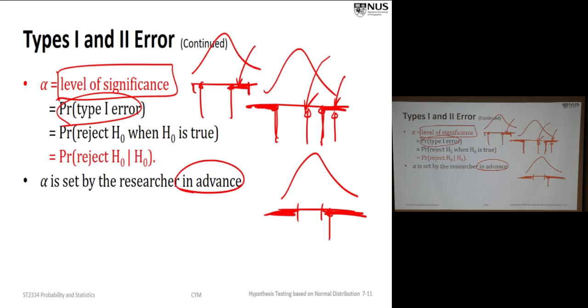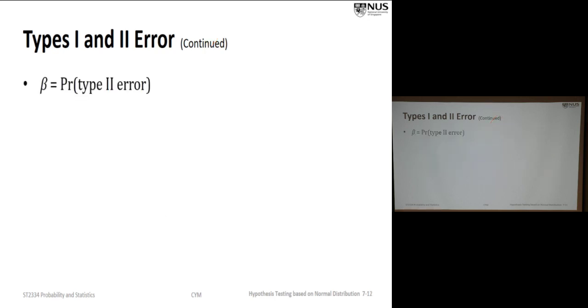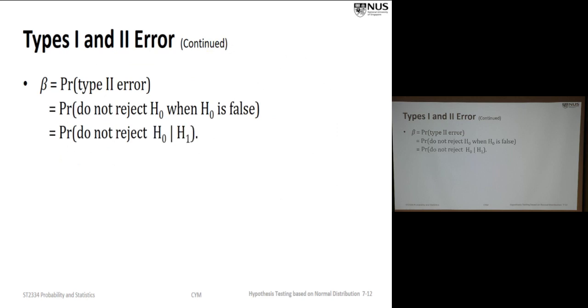Your observed value does not fall in my critical region, so I do not reject it. That's not right. That's why you need to set it in advance, usually 5% or 1%. Type 2 error probability is beta. 1 minus beta is the power of the test.